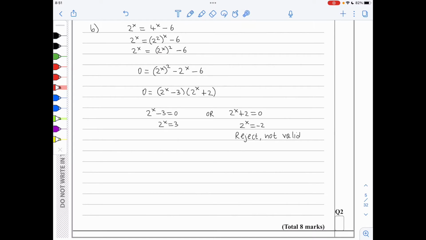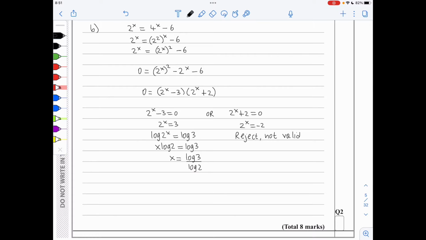So for 2 to the x is equal to 3, I will start by taking logs of both sides. Log of 2 to the x is log of 3. So x log 2 is log 3. So x is log 3 over log 2. And this is the only solution here. We also need to find the y value because we were asked to find the coordinates.